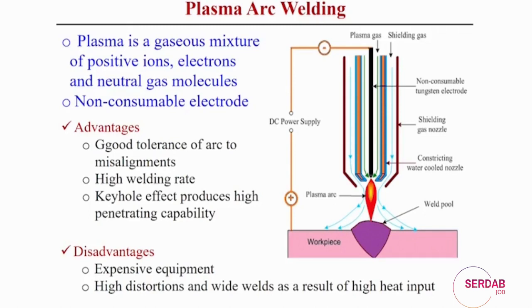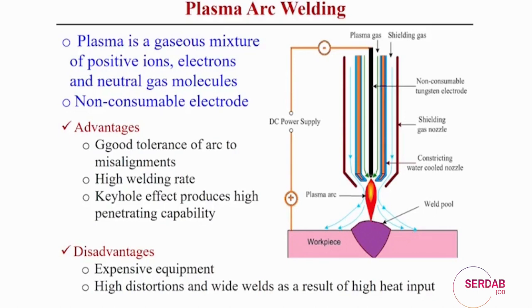So, basically, when the current passes through the electrode, it creates the pilot arc, and then after that it creates the arc due to the passing of the plasma gas, and then high temperature is created, and finally it creates the plasma arc between the nozzle tip and the workpiece material.